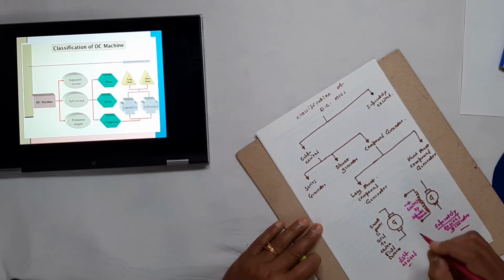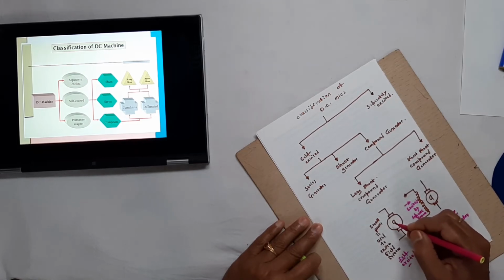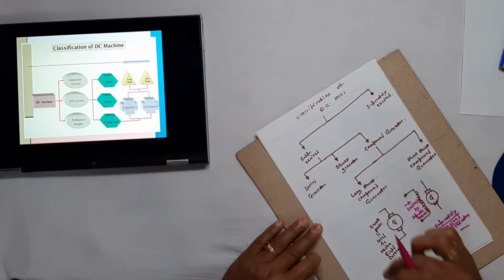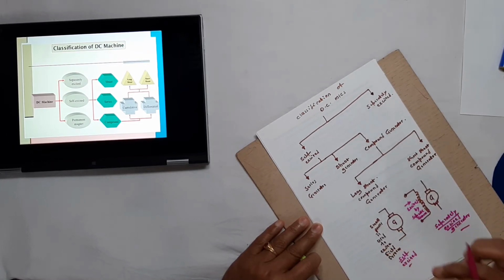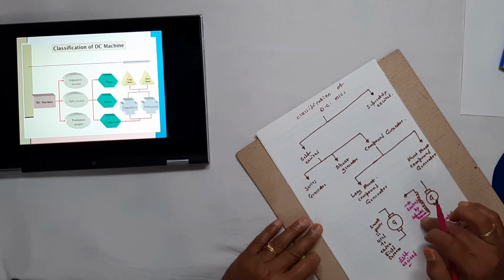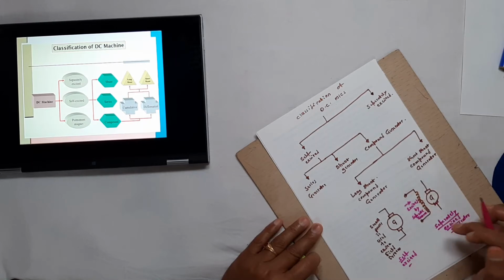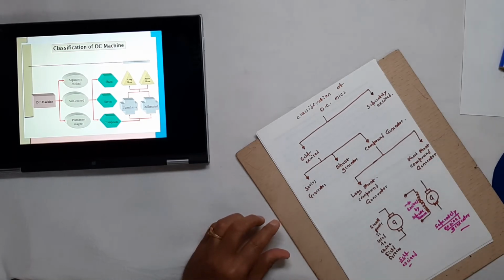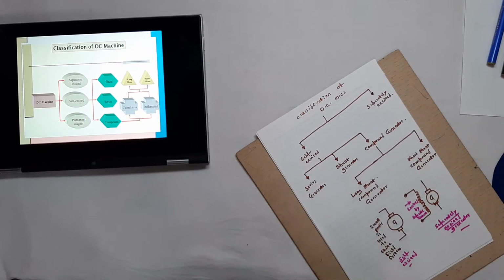That is, if a small portion of the power generated by the generator is used for exciting the field winding, it is called self-excited. Whereas if for exciting the field you are using an extra source, then it is called a separately excited generator. Then how symbolically these machines are represented in the electrical system, that we'll see one by one.